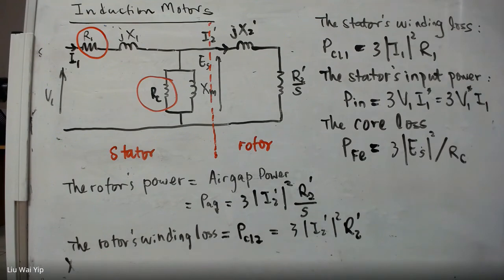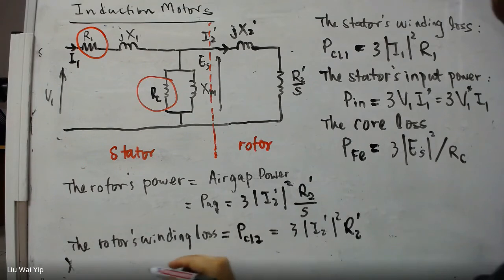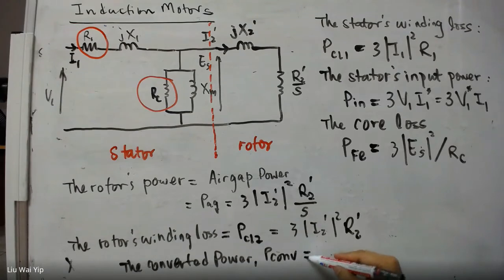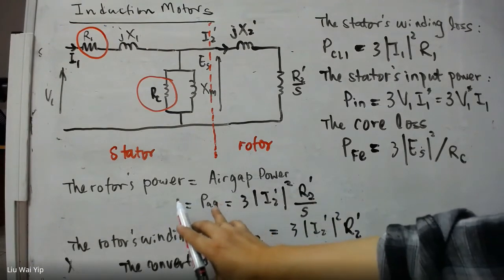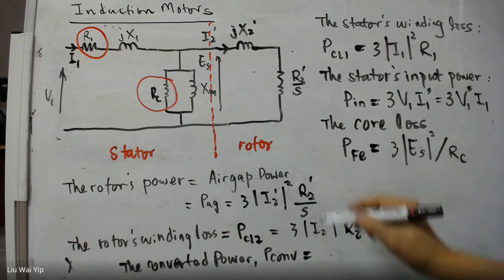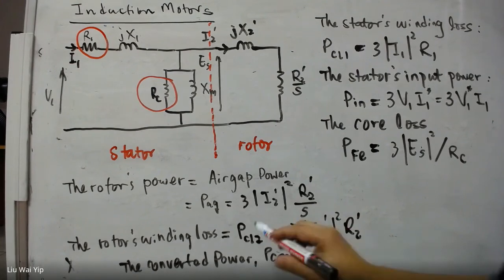So it's fair to assume that the converted power P_conv is equal to all the power belonging to the rotor, say P_AG minus the winding loss.